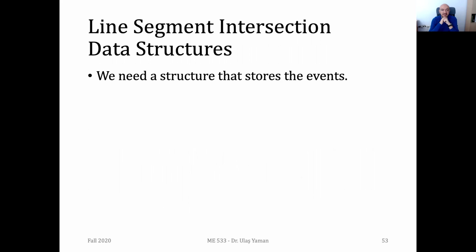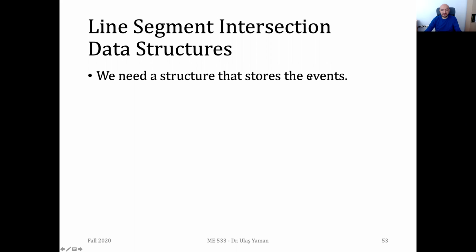But it's better we discuss the data structures. So this is the algorithm, the fundamentals of which we have already studied. Now let's briefly focus on the data structure: what type of data structure we should use, how we are going to store all these events and the status, how we are going to keep our status updated while we are going downwards on the plane, and how the events are going to be stored.